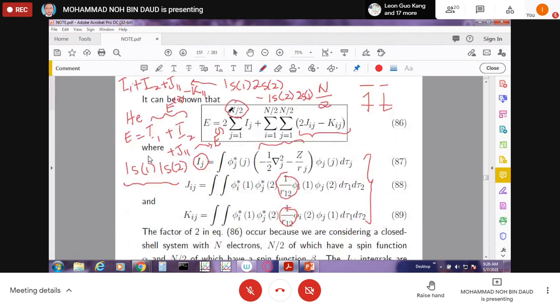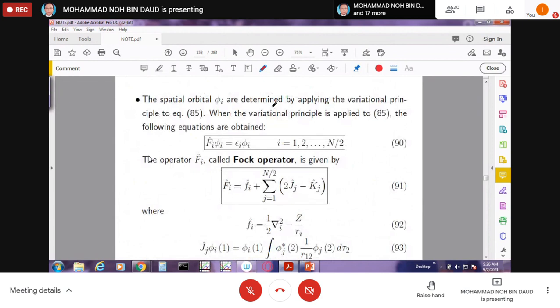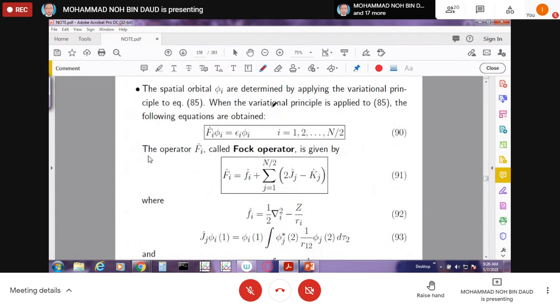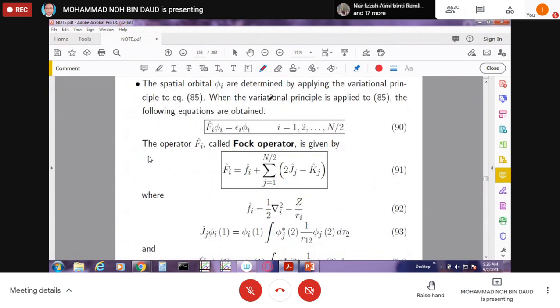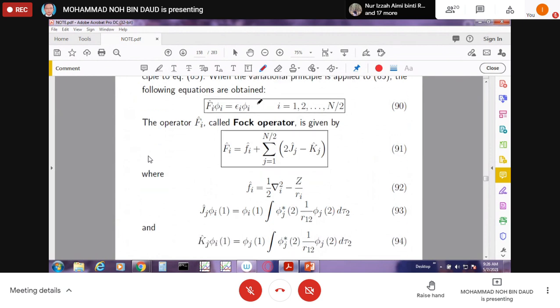Then we can use the Hartree-Fock self-consistent method. This is called the self-consistent method, by guessing the atomic orbitals, whether the Slater type or the Gaussian type orbital.